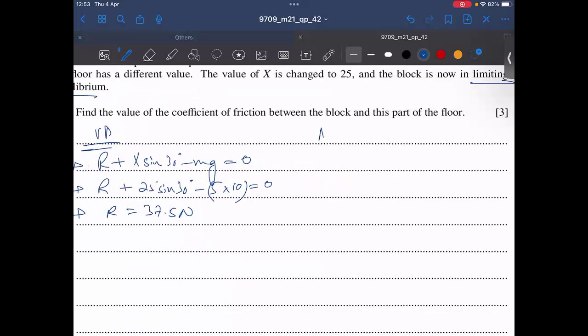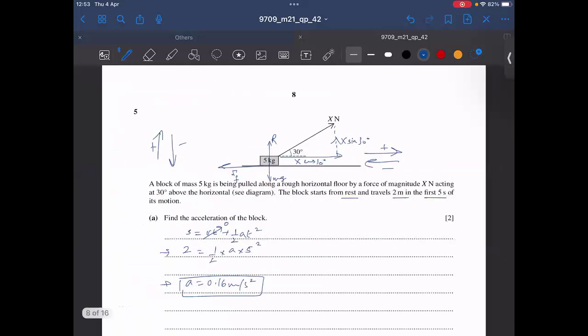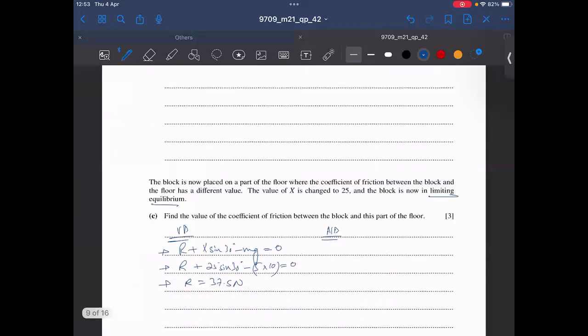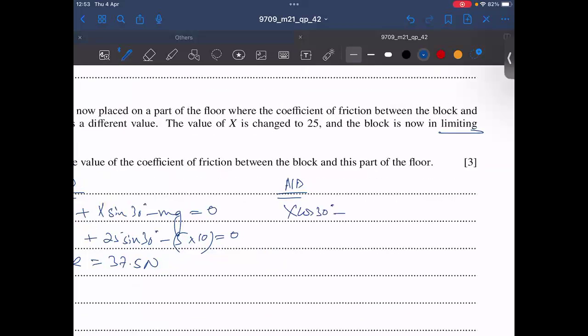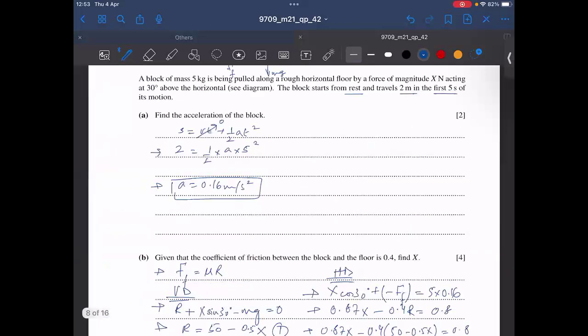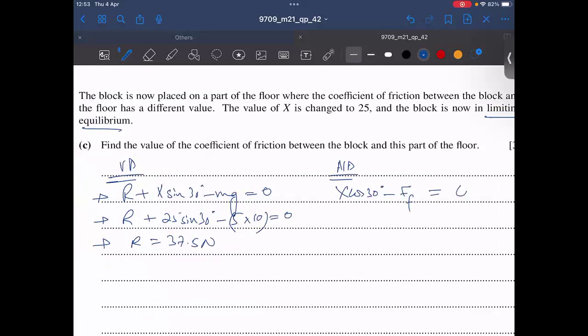Now in the horizontal direction, what equation do I have? x cos 30 minus force of friction equals 0, because it is in limiting equilibrium, so ma would be 0.